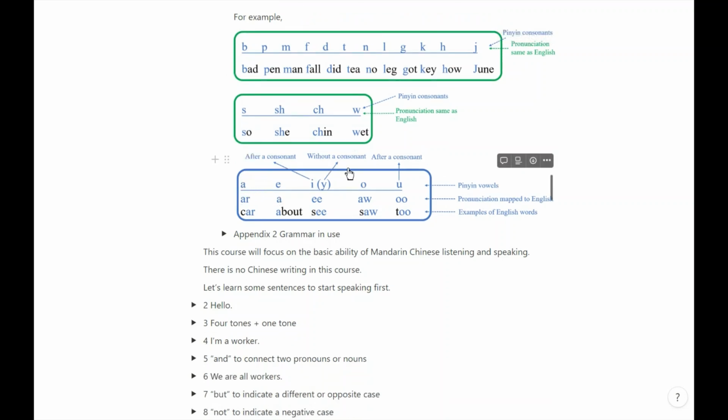And also some pinyin letters will have a different pronunciation from the English letters, but they will have a one-to-one mapping to English pronunciations. For example, this A will be pronounced as AR, as in the English word car. We will introduce a little bit more in the Appendix 1.